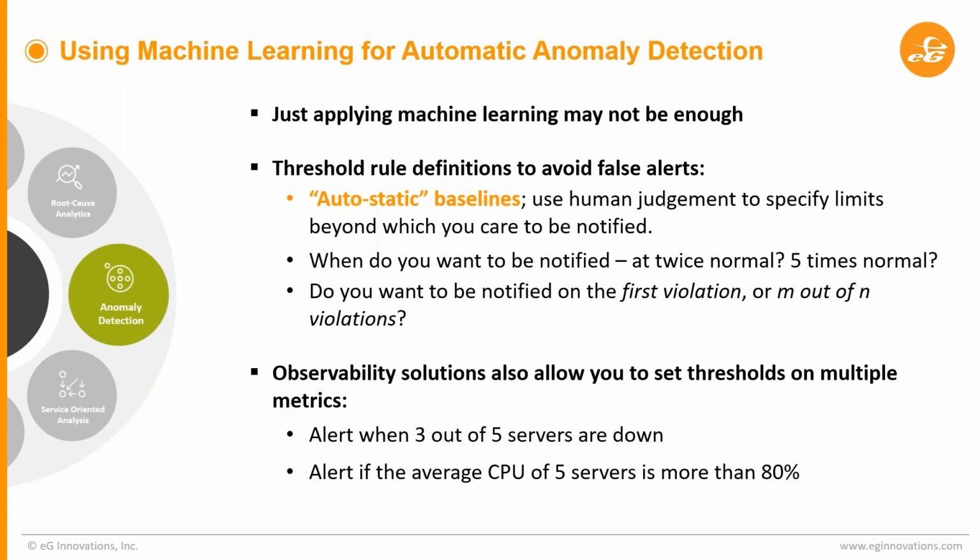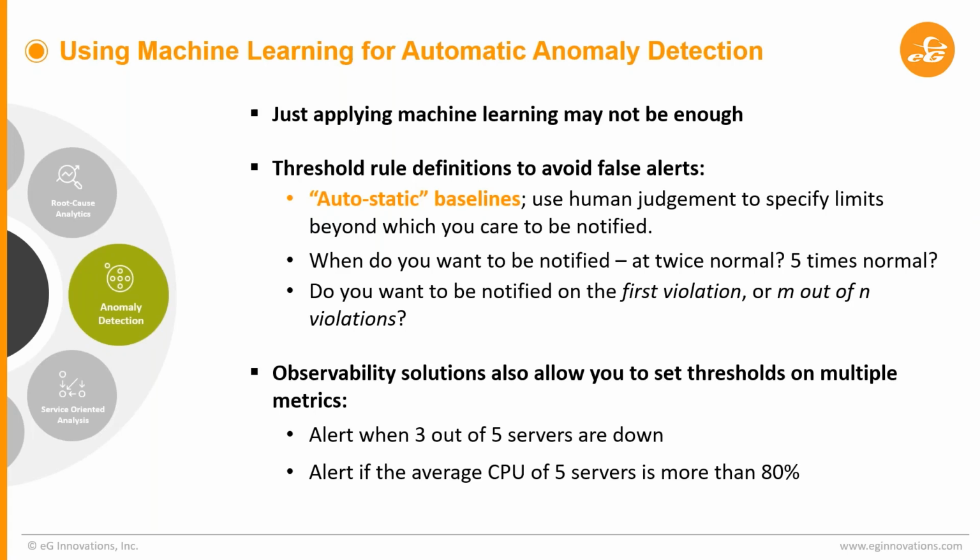Now, just applying machine learning alone may not be enough. You want to have sophisticated threshold definitions. Why do I say this? You could have a server that is completely idle for months, and then when one user logs in, suddenly it violates the norm, and you get an alert. Now, as an IT admin, you have to figure out, do I want an alert when one user logs into a server?